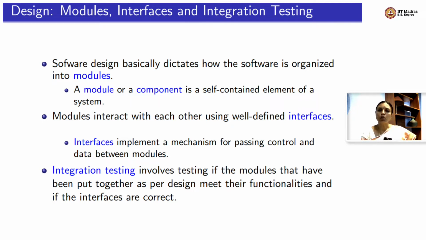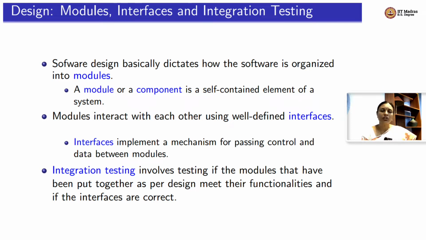A module or a component in software is typically a self-contained element of a system. So it could be one procedure, a function, a single method, or a whole class. It depends on what is the unit that we want to refer to as a module.